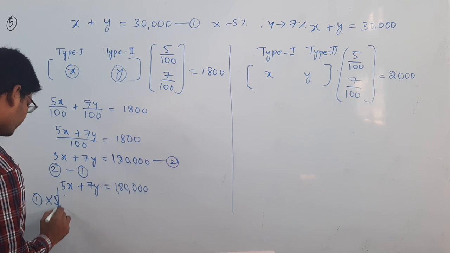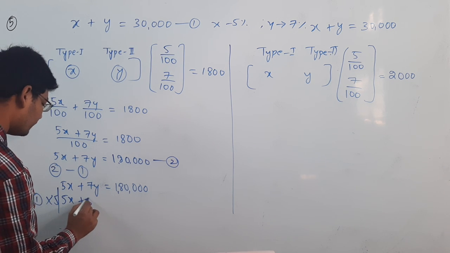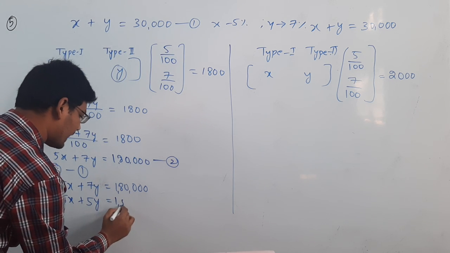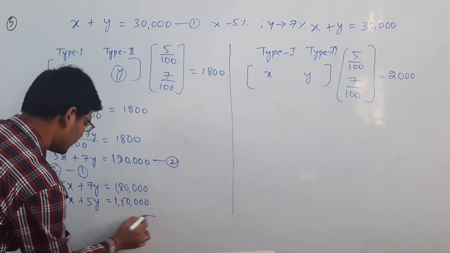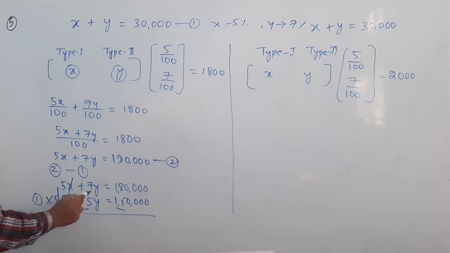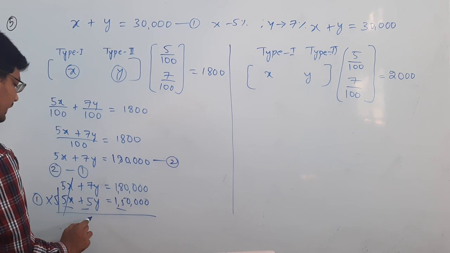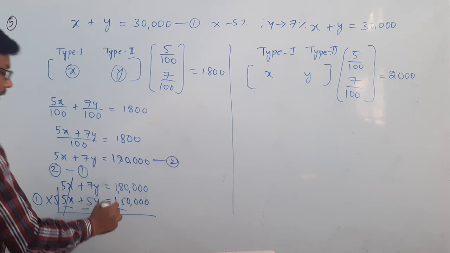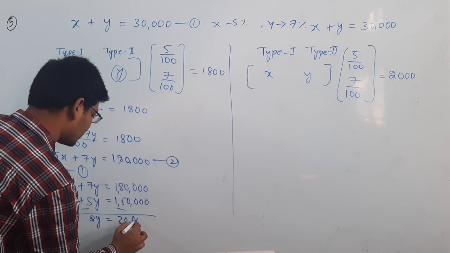So 5x plus 5y is 5 into 30,000, that is 1,50,000. Let's subtract; the signs will be changed. 5x will get cancelled. 7y minus 5y is 2y. 2y is equal to 1,80,000 minus 1,50,000, that is equal to 30,000.